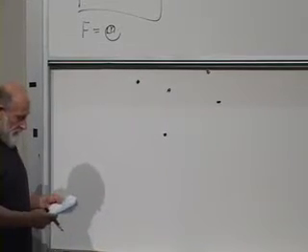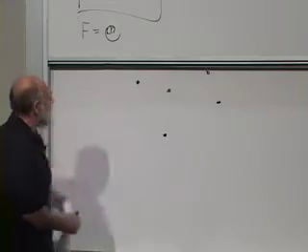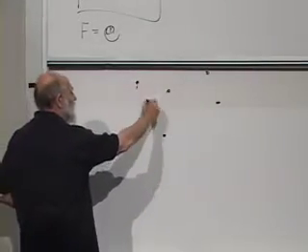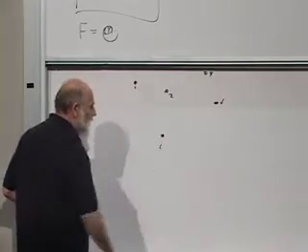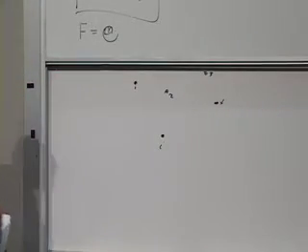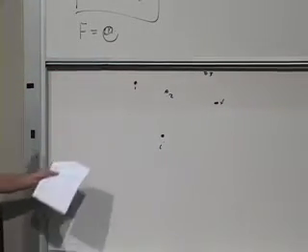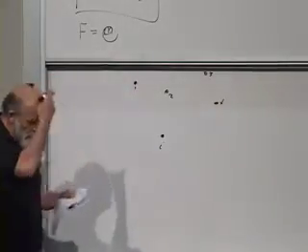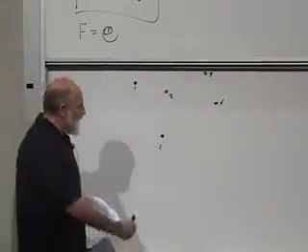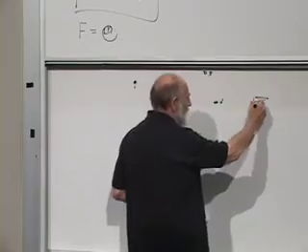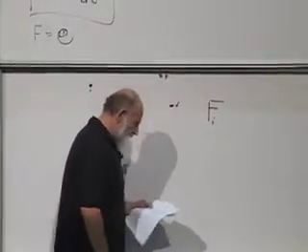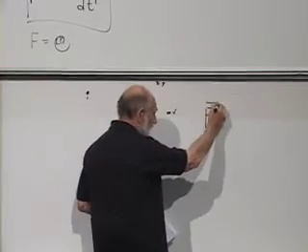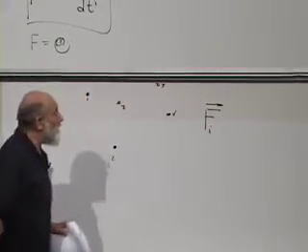But what's the total force on a particle? Let's label these particles. This is the first one, the second one, the third one, the fourth one, and so on. This is the ith one over here. So i is a running index which labels which particle we're talking about. The force on the ith particle, let's call it F sub i. And let's remember that it's a vector. It's equal to the sum.